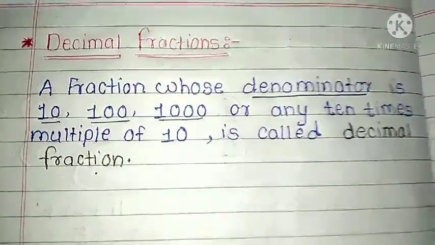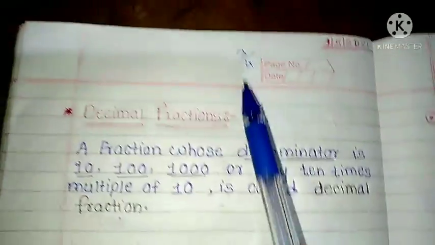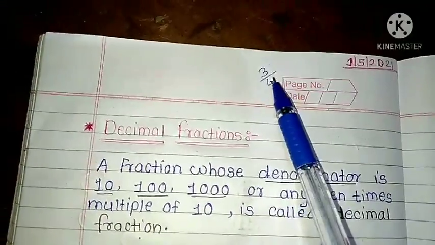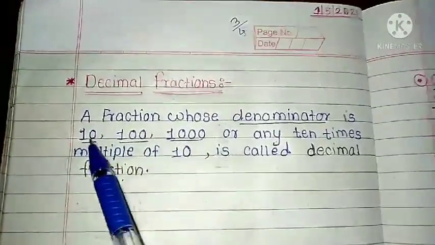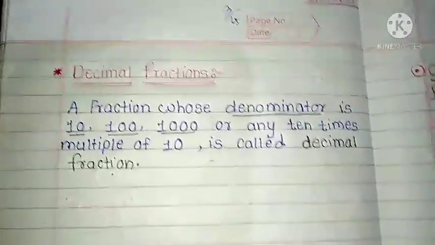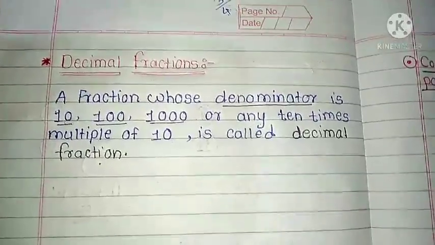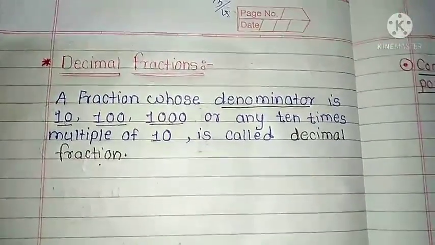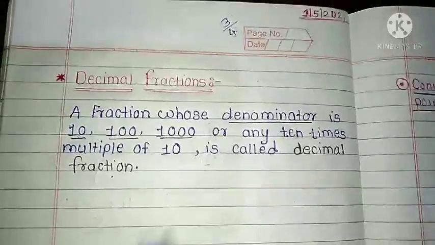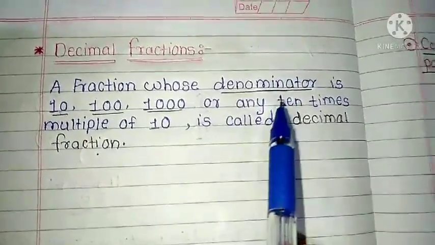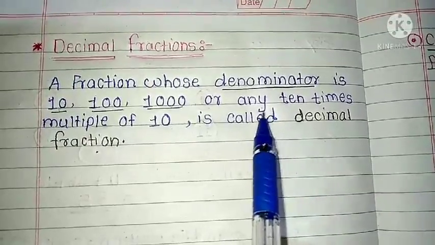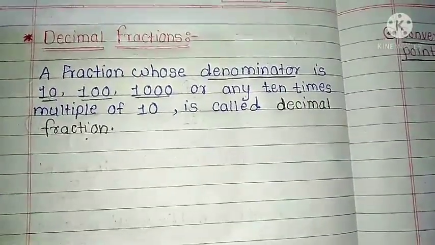It must be a fraction, and the number below the horizontal line, the denominator, must be 10, 100, 1000, 10,000, 1 lakh, 10 lakh, 1 crore. In this series, the number must be a multiple of 10. So these fractions are called decimal fractions.